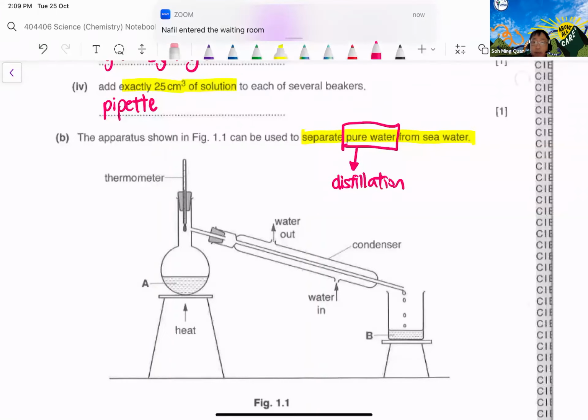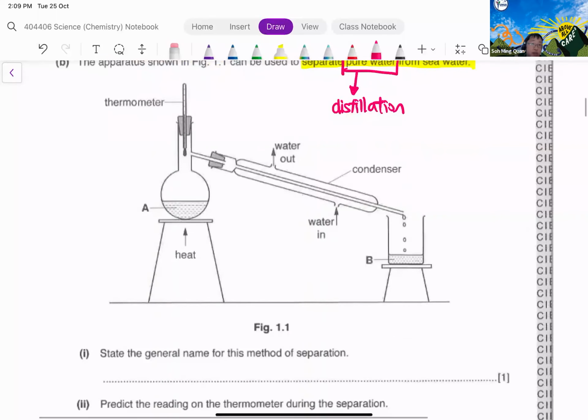All right. So that's why it's important to highlight keywords. When you highlight keywords, you immediately know what the question is about. Then you won't go out of point, you won't think of the wrong things. So the method shown, obviously, is called simple distillation or distillation. Okay, so for completeness sake, let's write simple distillation.